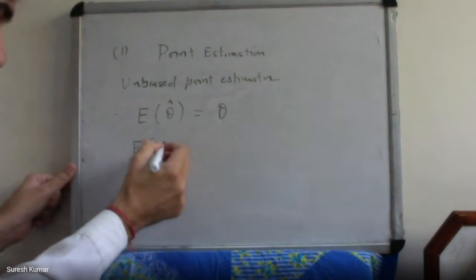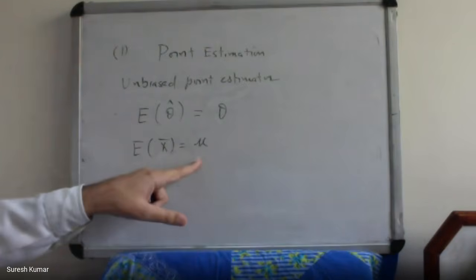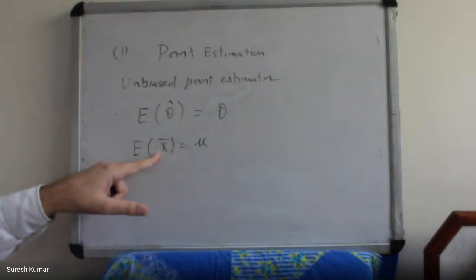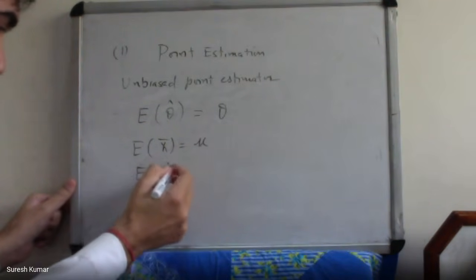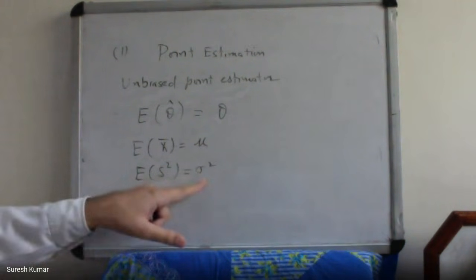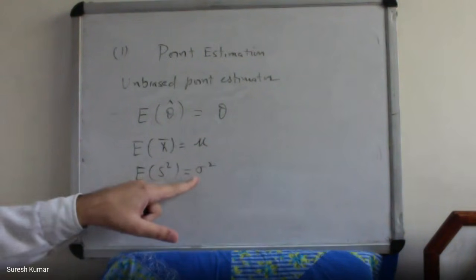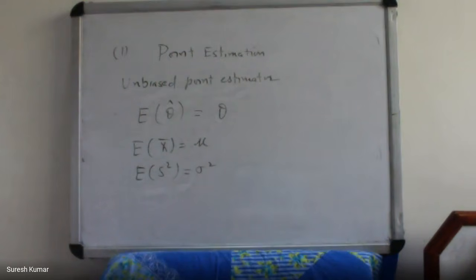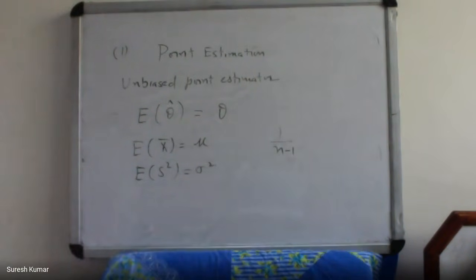See this. Expectation of X bar is what? Mu, the population mean. That means X bar works as unbiased point estimator for the population mean mu. Similarly, expectation of S square is sigma square, population variance. It means sample variance is unbiased point estimator for population variance sigma square. Now you understand why we defined S square with division by n minus 1 instead of n.